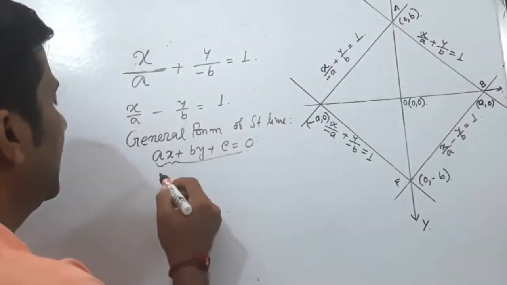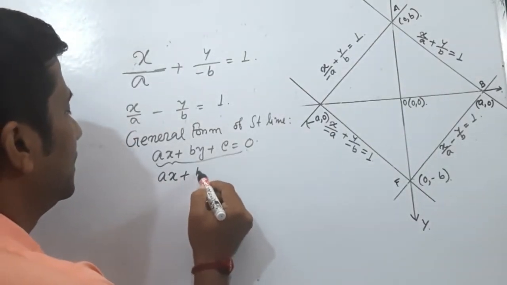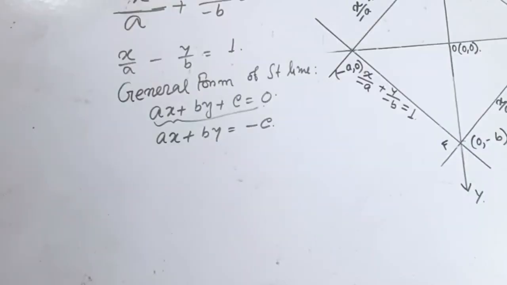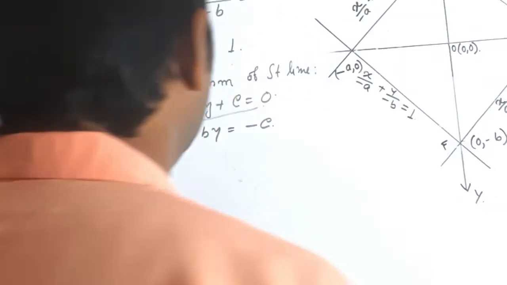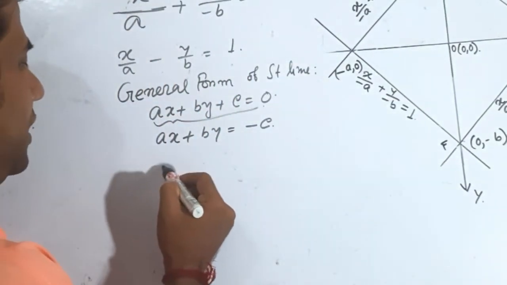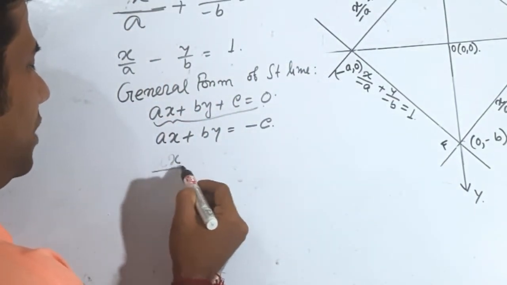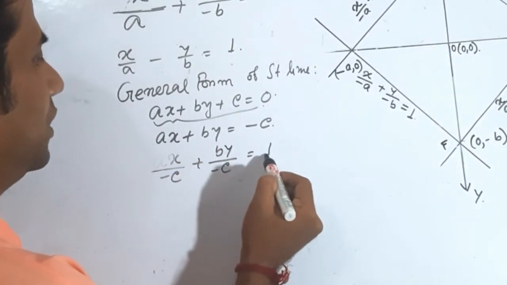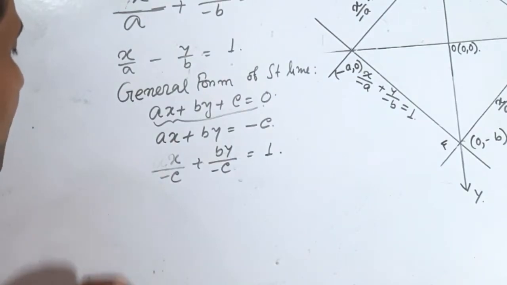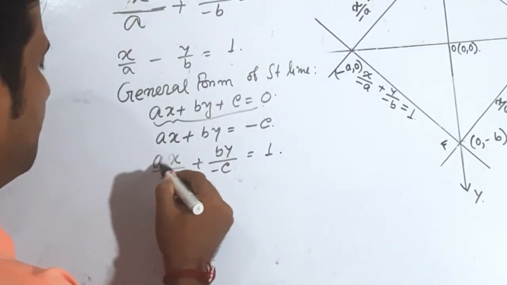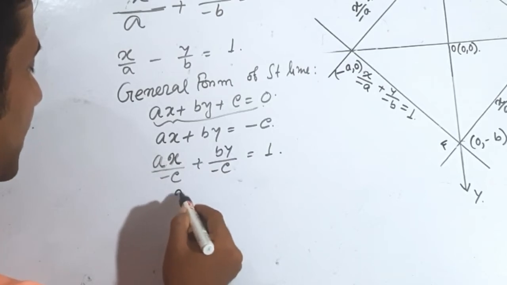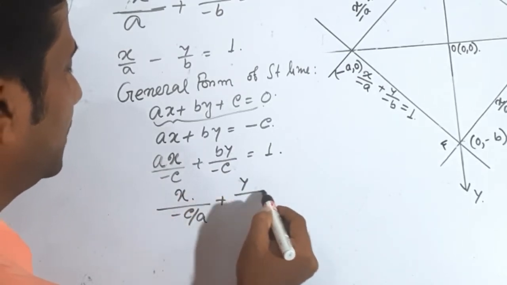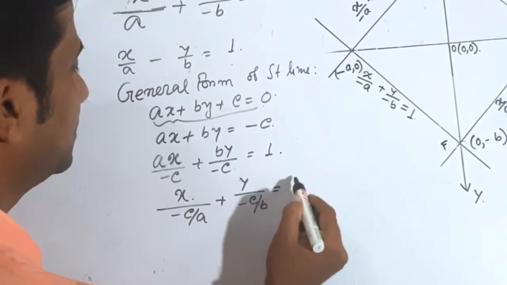That means ax + by = -c. Dividing both sides by -c, we get ax/(-c) + by/(-c) = 1. Then from here we get x/(-c/a) + y/(-c/b) = 1.